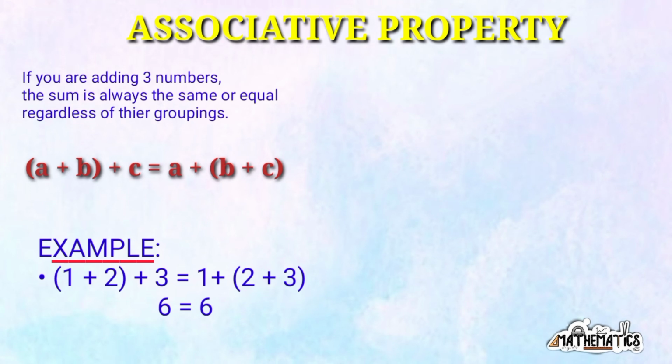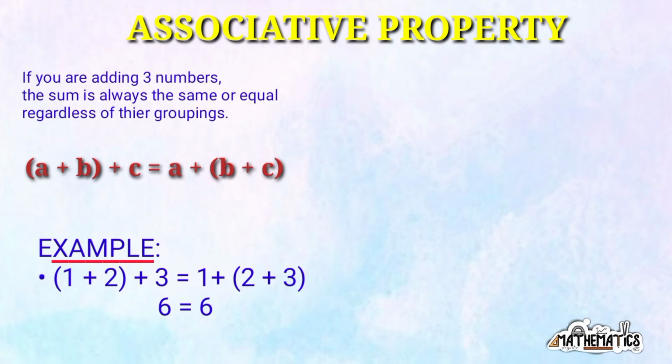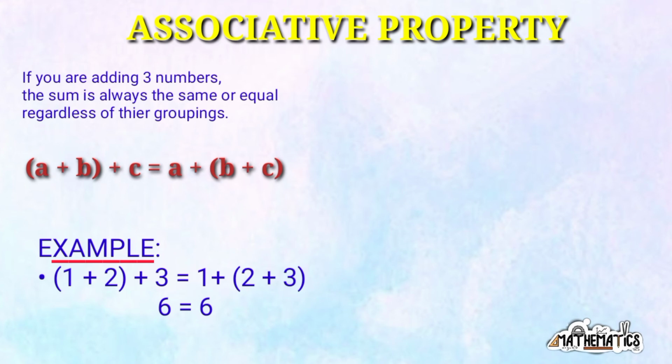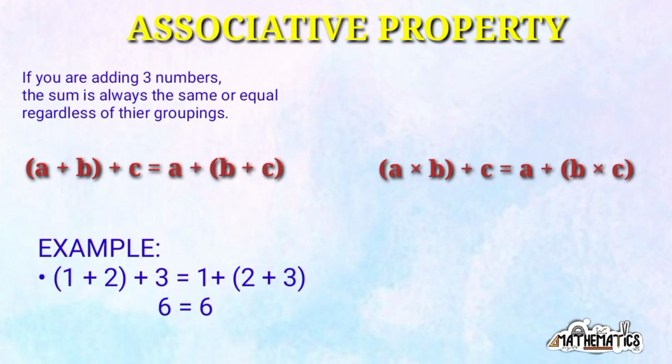Since the quantity 1 plus 2 is equal to 3, plus 3 is equal to 6. From the other side, 2 plus 3 is equal to 5, plus 1 is equal to 6. So we can see that 6 is equal to 6 and 6 is an element of the real numbers. Therefore, it satisfies the associative property.